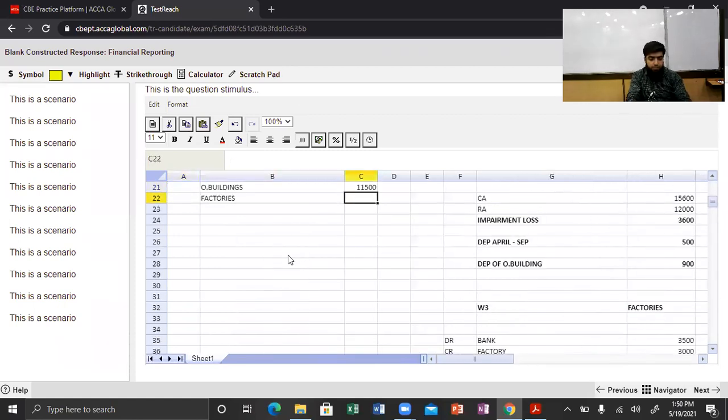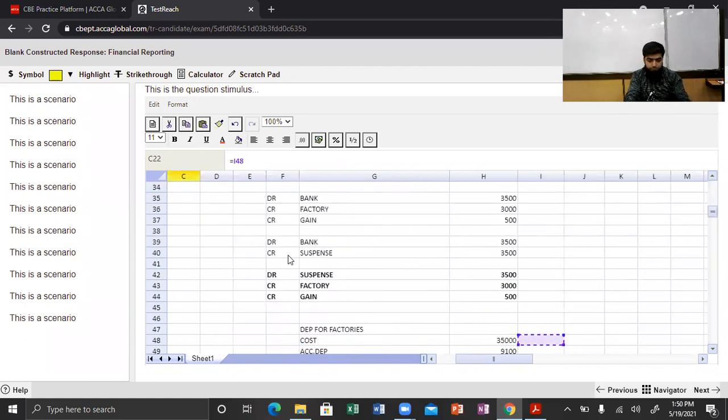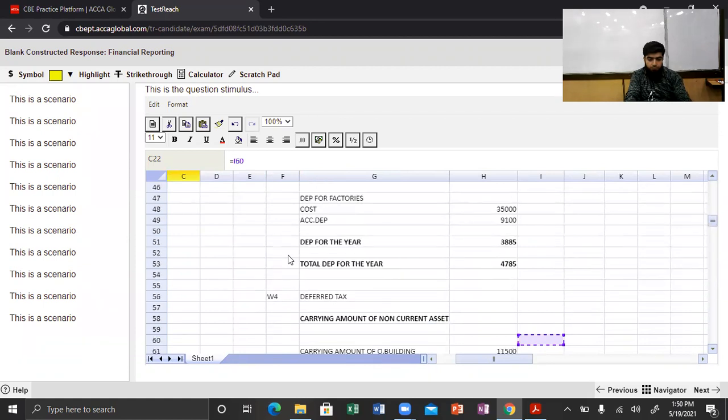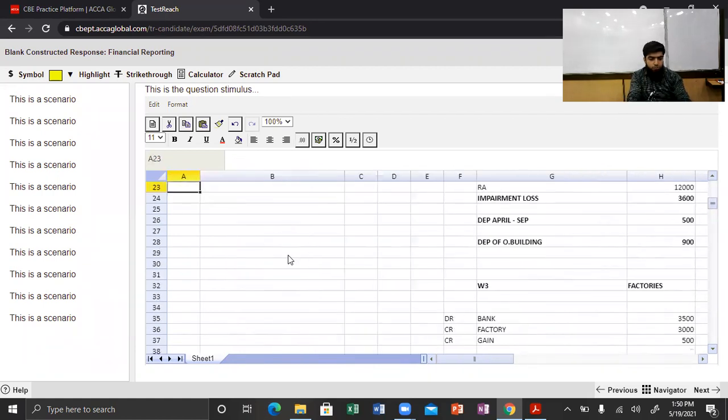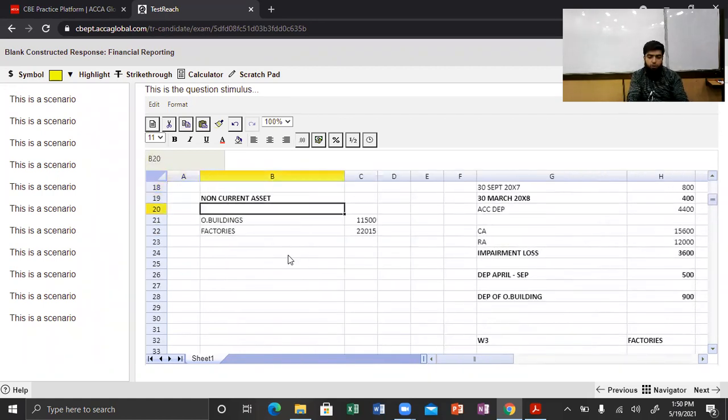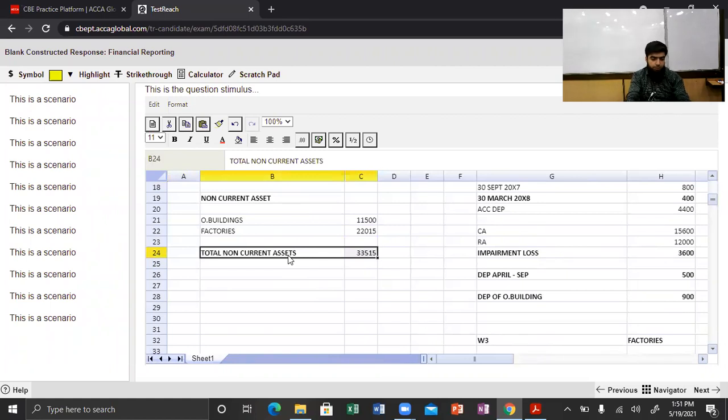And the carrying amount of factories is 22015. Total non-current assets is 33515.